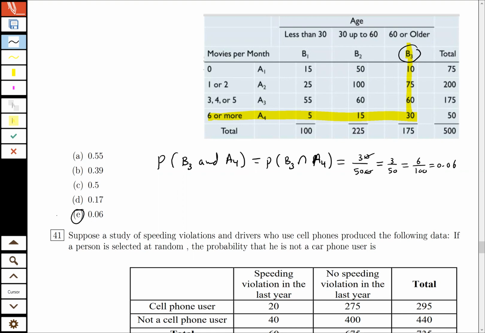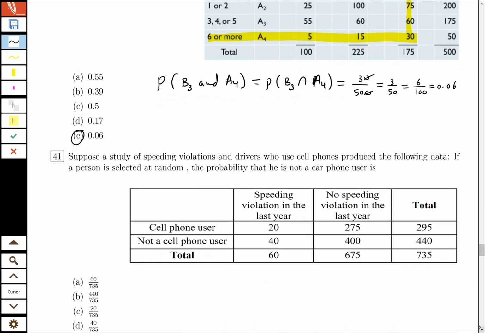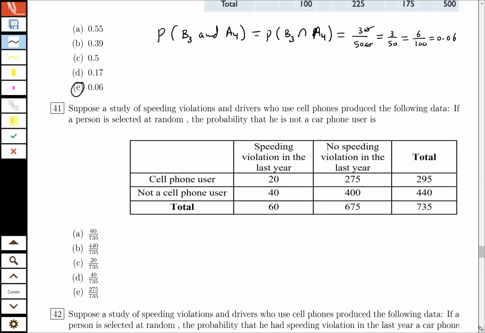Okay. Now we move to the same idea, but we change only the data. Now, our data is different, but we are still in probability. We are reviewing probability.